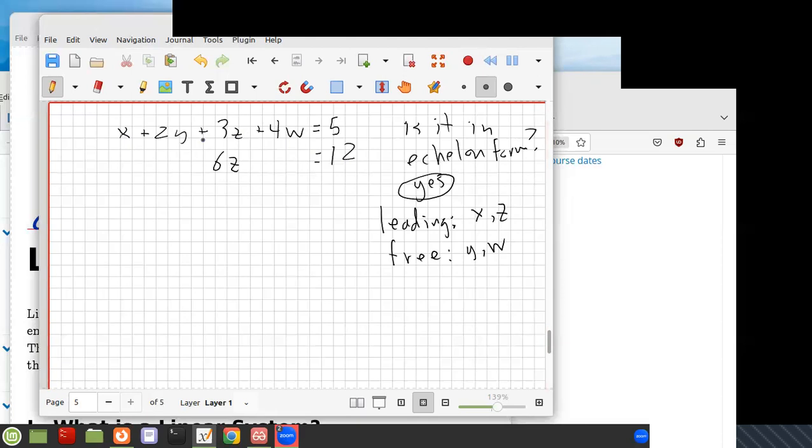Okay. Now, what I want you to do is to try to solve this using back substitution and write down the solution set as a set of vectors. And then I'll do that same thing myself, and you can compare your answer with mine. And again, raise your Zoom hand when you're finished.